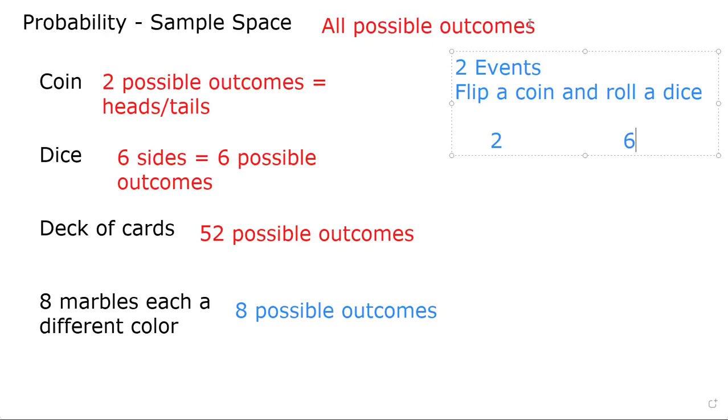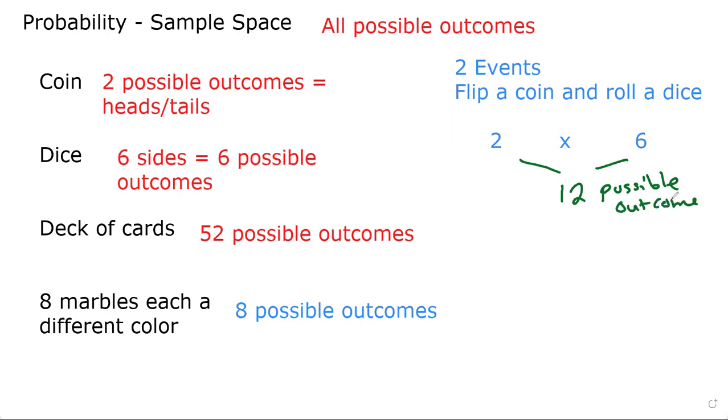All you do is take 2 and 6 and multiply them. That's it. So the final answer of 2 times 6 is 12. There are 12 possible outcomes if you do both of these things.